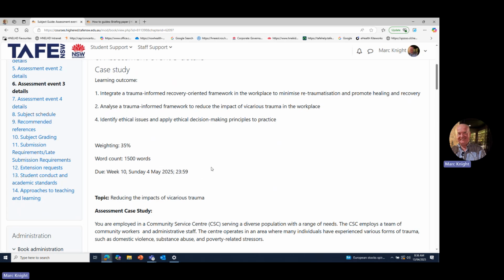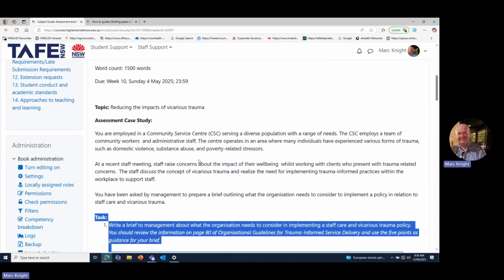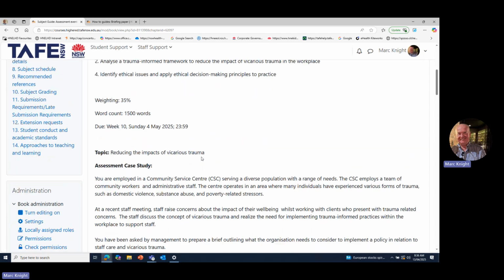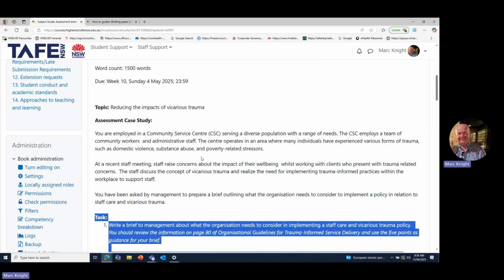In terms of the topic, it's reducing the impacts of vicarious trauma. We're providing you with a case study, which is very basic, but basically letting you know what you need to do. So the case study is fairly simple. Note things like that you're serving a diverse population with a range of needs. I think that's something to note in the case study.